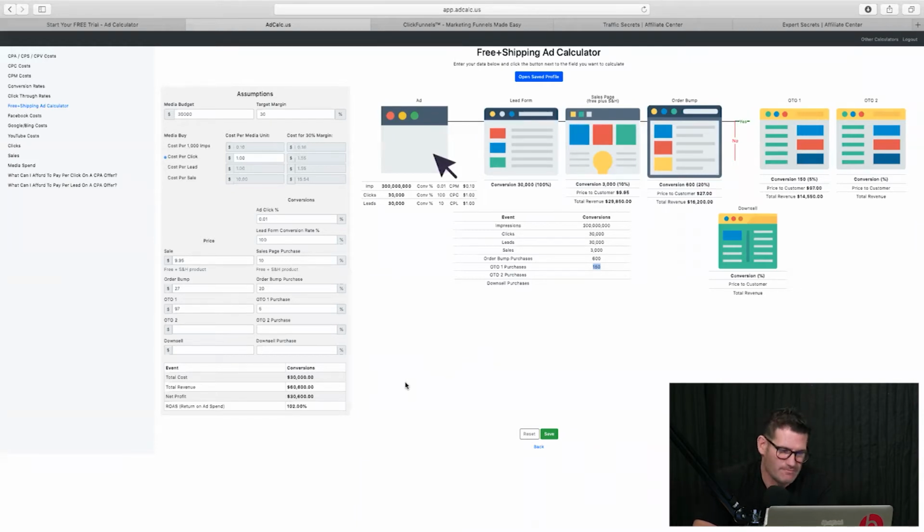Because it's awesome. Now on the bottom here, it shows you that you spent $30,000 and you generated $60,600 in revenue. Because you spent $30,000, you're going to end up profiting $30,600, or your return on ad spend will be 102%, right?